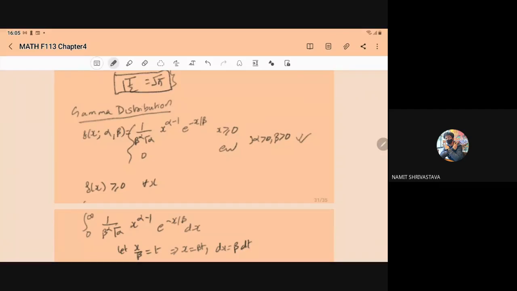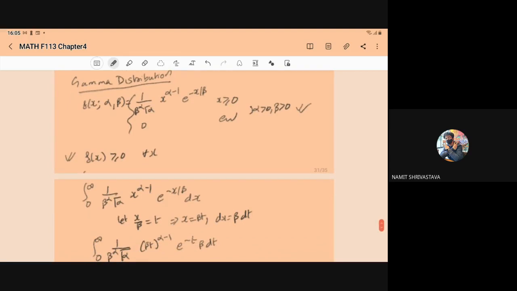So we have just seen that for all x greater than 0, alpha greater than 0, and beta greater than 0, f(x) is greater than or equal to 0, because it has the exponential function. Now we have to prove whether its integration over the complete limit of x is equal to 1 or not.